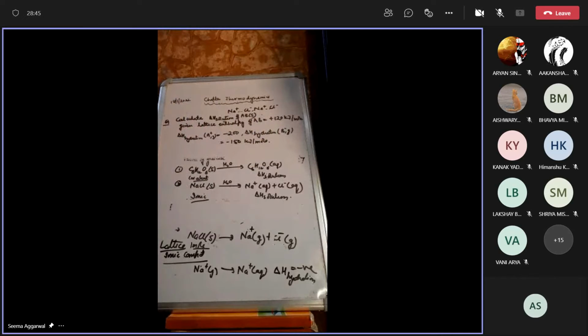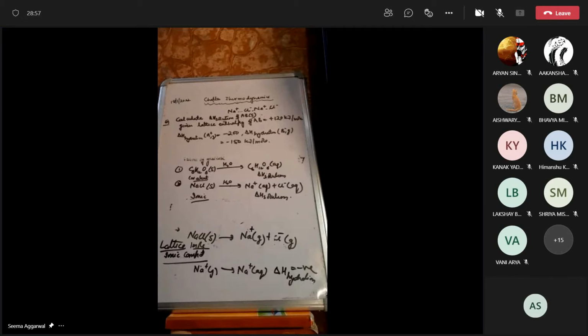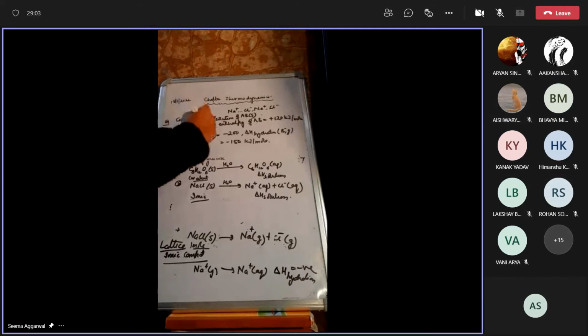This is my question. You have to calculate delta H solution of an AB solid given lattice enthalpy. So what is AB? Is AB an ionic compound or a covalent compound? Ionic, because what we are given is the lattice enthalpy. So it shows that AB is an ionic compound.